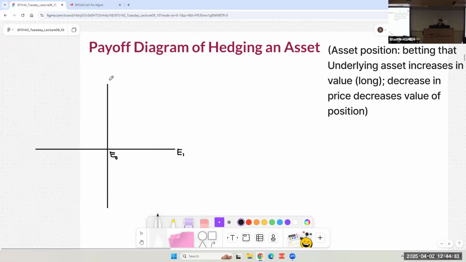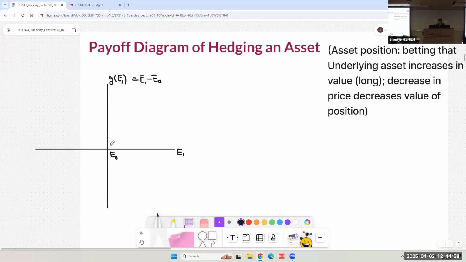If it is, then my payoff function, which I'll write as G, as a function of the future price, is equal to E1 minus E naught, right? Because that's what I'm hoping for, a positive number. But of course, if E1 falls below E naught, I lose money. That's my gamble. That's my bet.